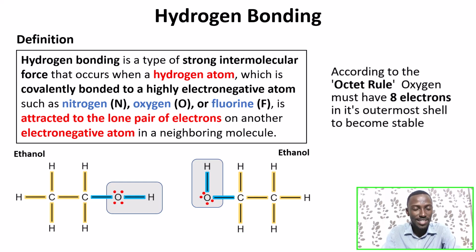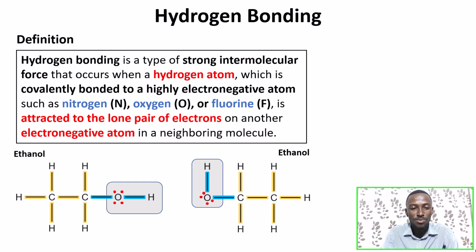This explanation helps us see that oxygen has actually fulfilled the octet rule. I hope that's clear. So the lone pairs of electrons, although not shown earlier, are present in oxygen.